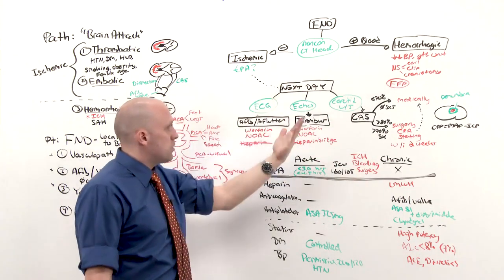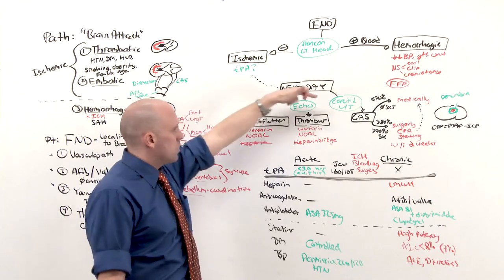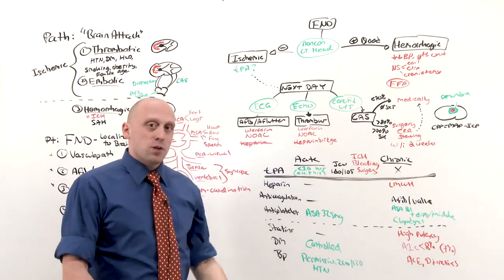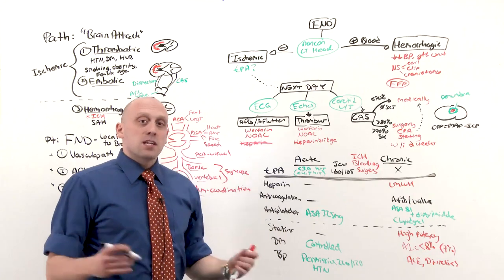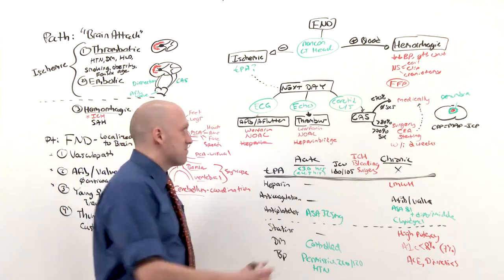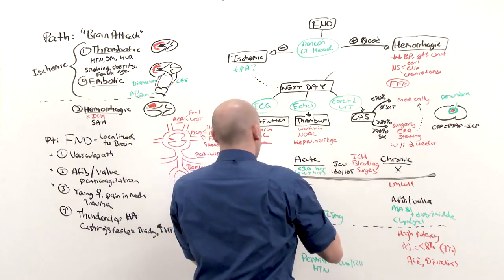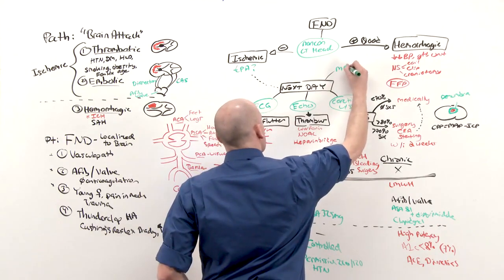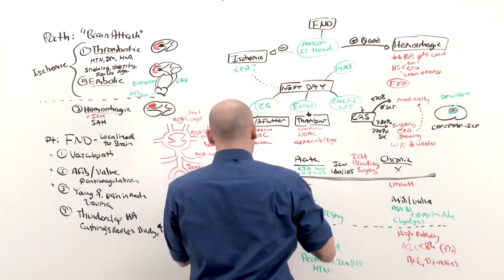The next day, you find out the etiology. EKG, echo, carotid. That's what everyone has to get. You notice I left out the MRI. You can get an MRI, but the MRI is only useful when you don't know if there's a stroke or not.